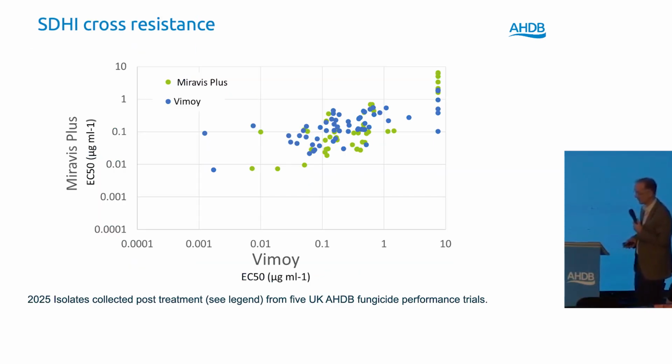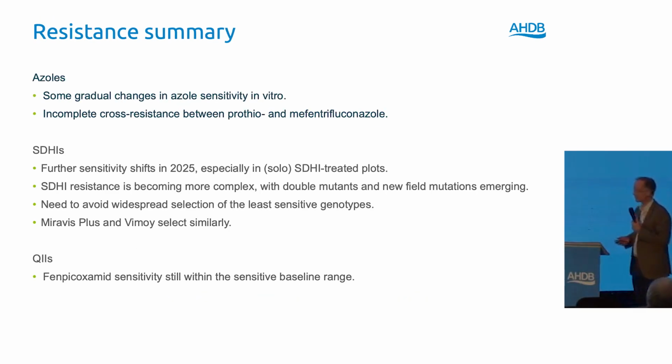We do sometimes get asked if Vimoy and Miravis will respond similarly, and is there cross-resistance? And we think generally they will. Isolates that are sensitive to one will be sensitive to the other generally, and isolates that are less sensitive to one will generally be less sensitive to the other as well. So they're both SDHIs. It's no great surprise, that. But useful just to check.